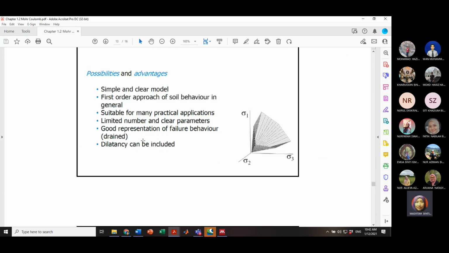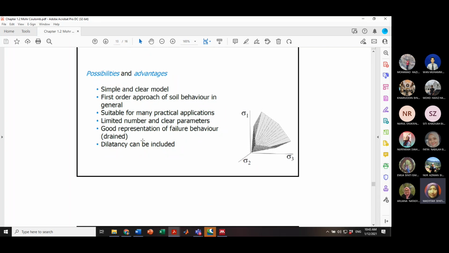Okay, now we go to the advantages. Why do some numerical studies and numerical models like to use the MC constitutive model? For example, it is a simple and clear model. First order approach of soil behavior in general. First order approach means it does not involve quadratic or polynomial functions, it is just a linear equation such as shear stress tau equals C plus sigma n tan phi.